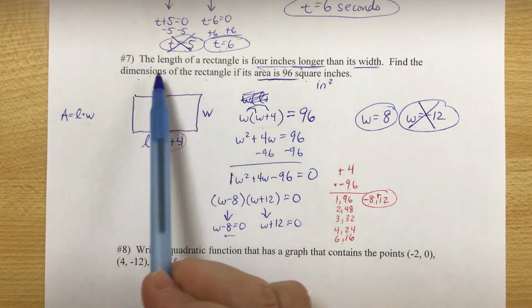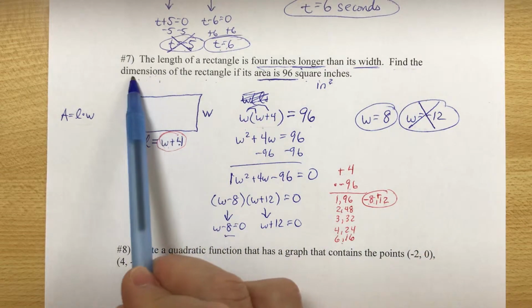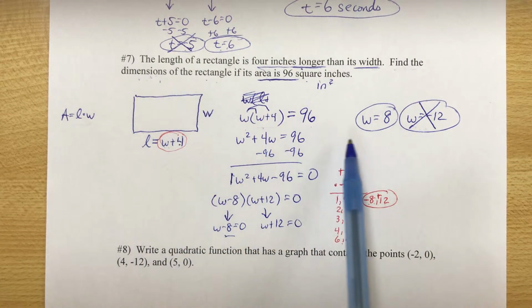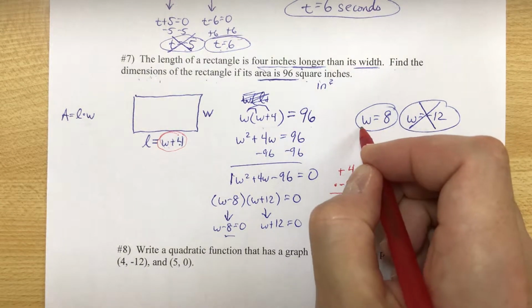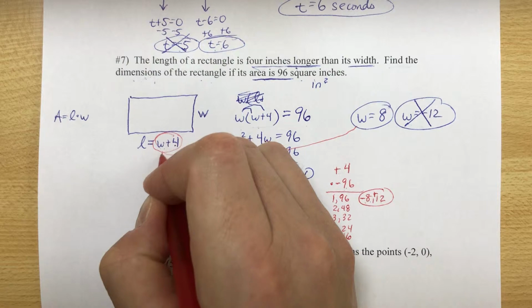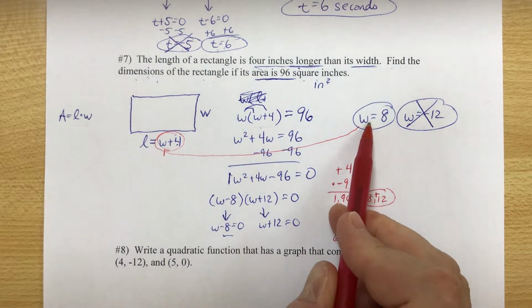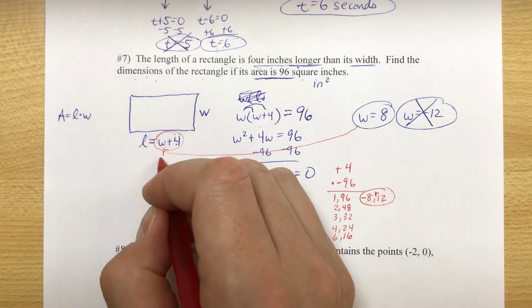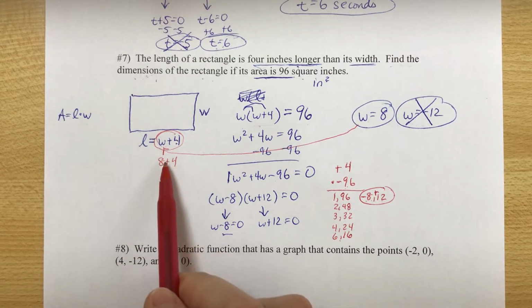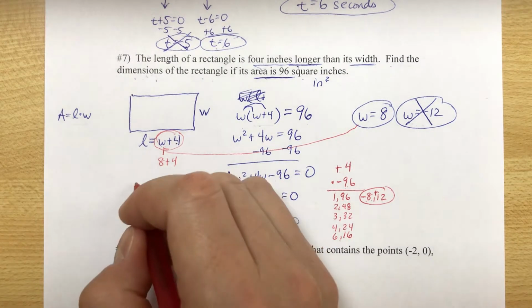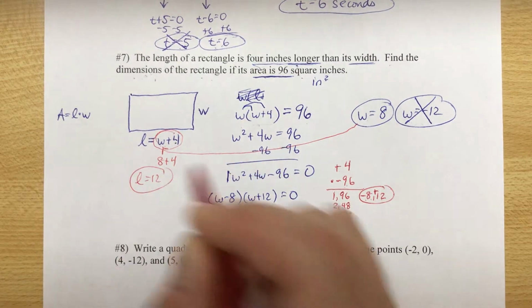The question is, they want us to find the dimensions. So we need the length and the width. Here's the width. So to find the length, go back to your picture, and we're going to substitute 8 for W, because the length is 4 more than the width. So 4 plus 8, or 8 plus 4, we get L is 12.